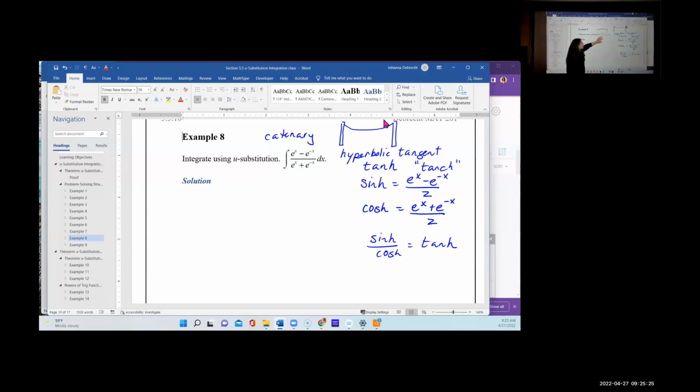So we're going to have to look at this and see if we can identify u. This is a more difficult one because there's no obvious choice. We don't have a base raised to a constant power. We do have exponentials raised to powers, but the problem is the power's not always the same.